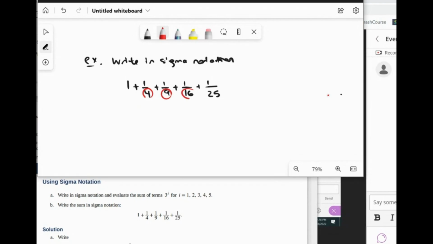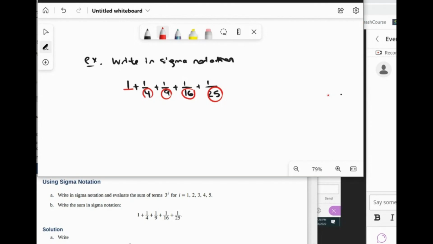In fact, what do we have in the denominators? Do you see the pattern in the denominator? 4, 9, 16, and 25. What are those numbers? Those numbers are the squares of some integers.